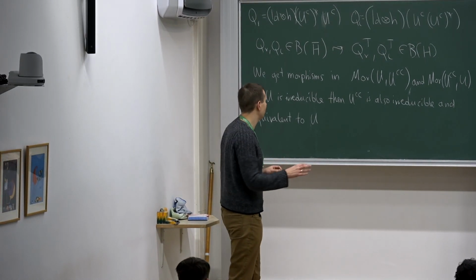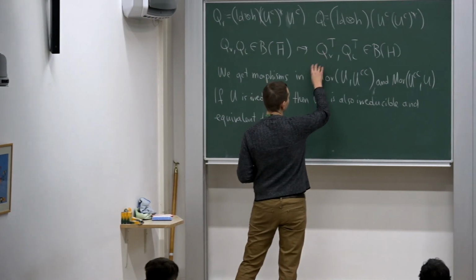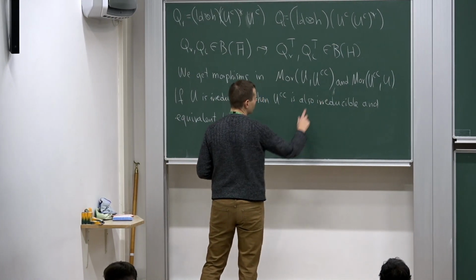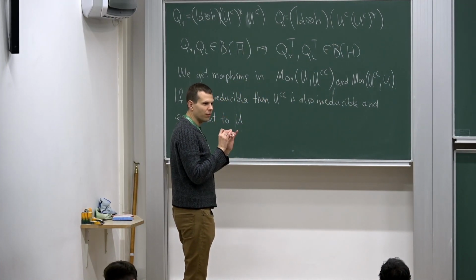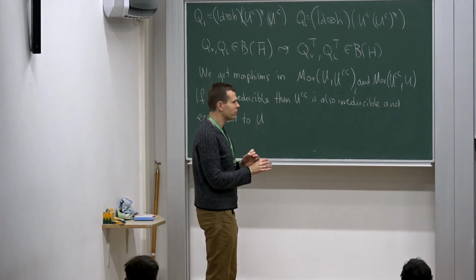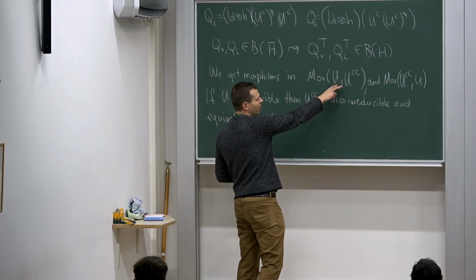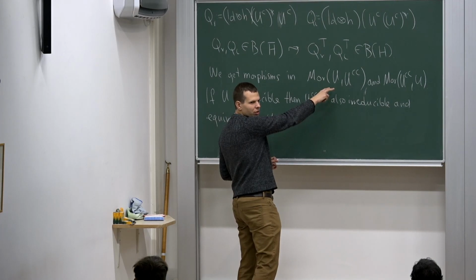This is some sort of equivalence, and these operators were positive, so we get positive morphisms here. So the point is that if U is irreducible, UCC is irreducible, so this morphism space is one-dimensional, and there exists a positive operator in this morphism space.